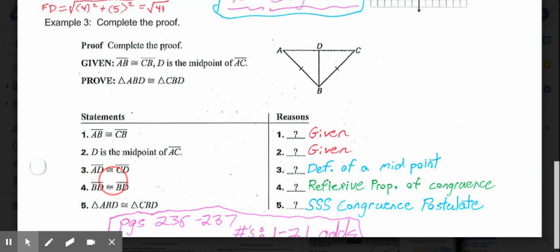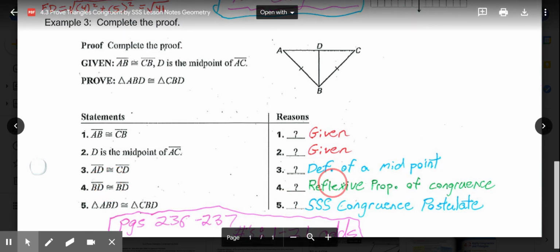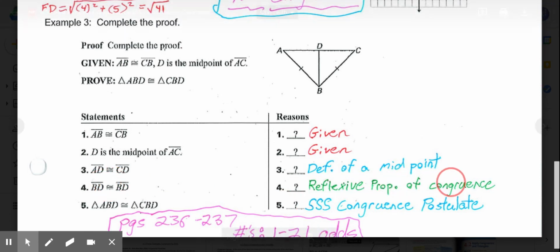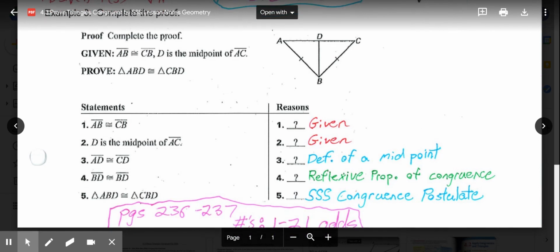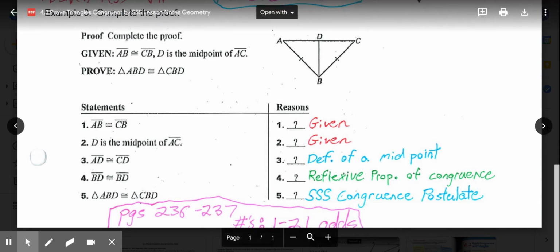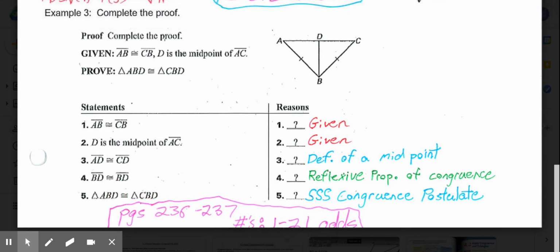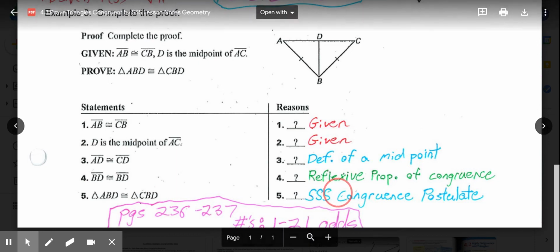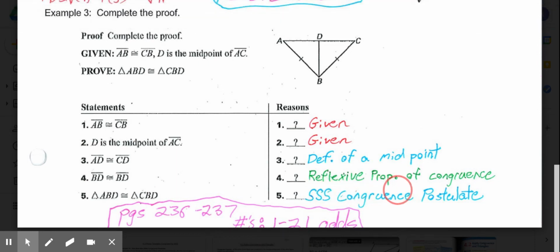So in this case, because it's a congruent sign, it's a reflexive property of congruence. And then they now know BD is congruent to itself, AD is congruent to CD, and AB was congruent to CB. So they can state that triangle ABD is congruent to triangle CBD using the side-side-side congruence postulate.